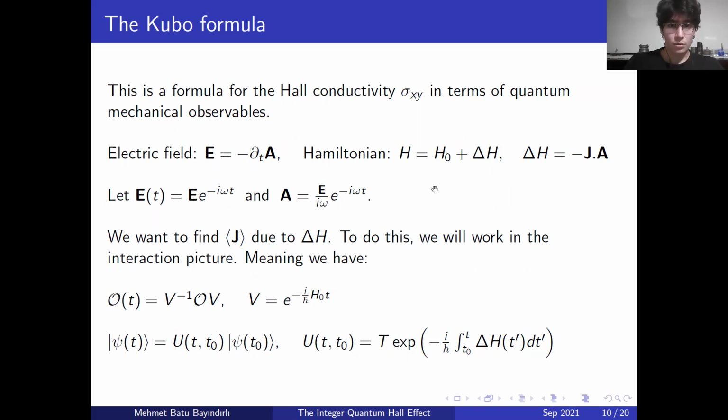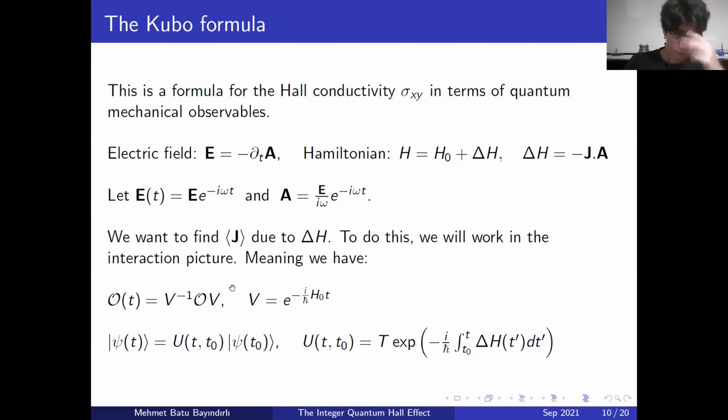And we want to find this expectation value of J, or let's say the average current, due to this new perturbation, this small Hamiltonian.